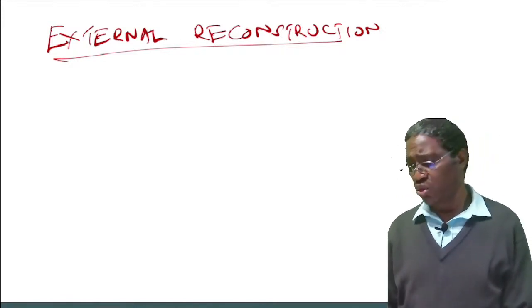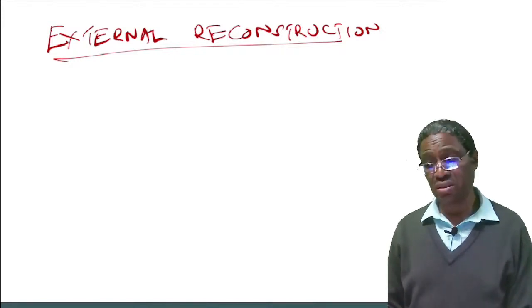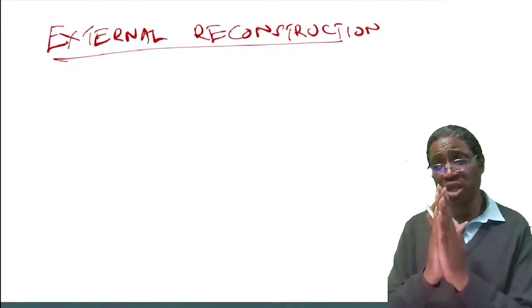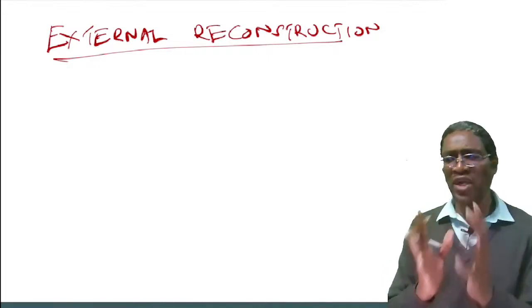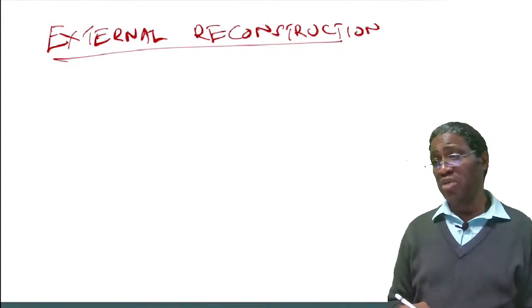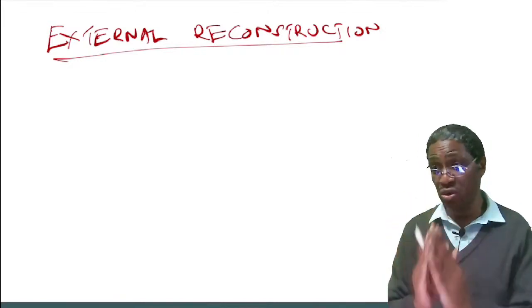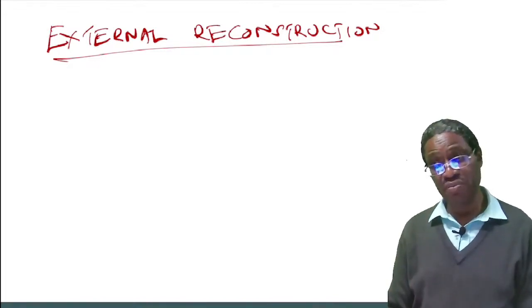We started the topic of reconstruction, and we said, just as a reminder, why do we reconstruct a company? We normally reconstruct a company because it has been making losses over a long period of time.